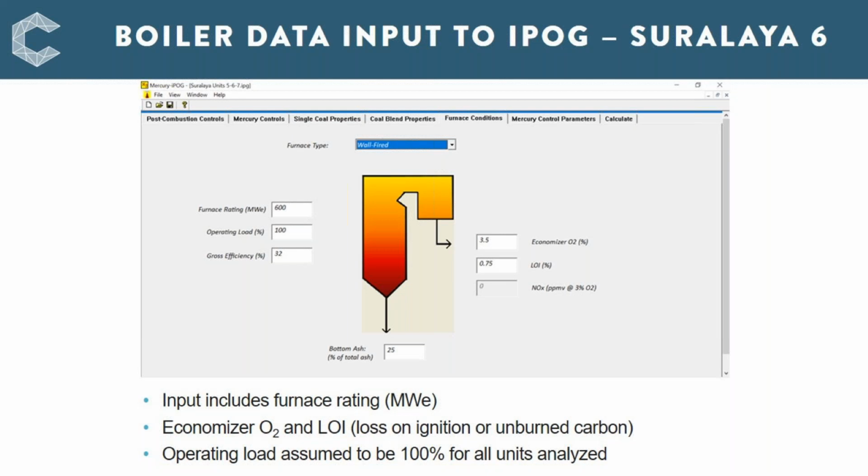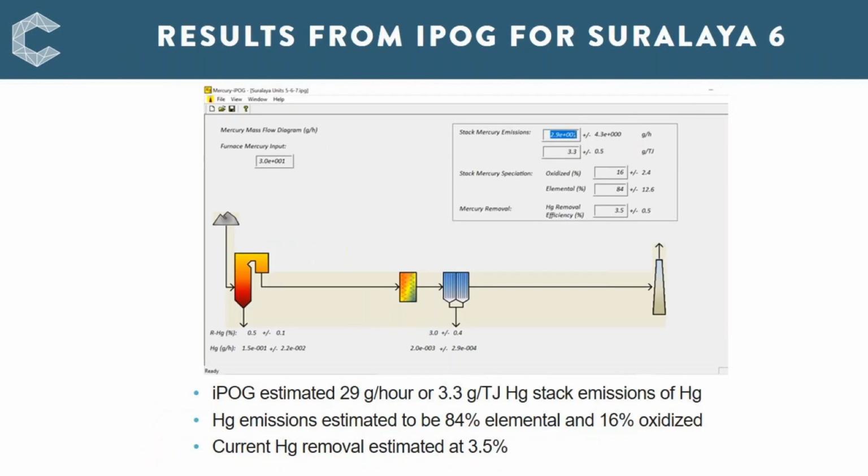We've assumed it to be a fairly tight system with 3.5% oxygen and loss on ignition, as is shown on screen. Again, we would hope to refine these numbers with Suralaya. So this leads us to the next slide, which gives results.